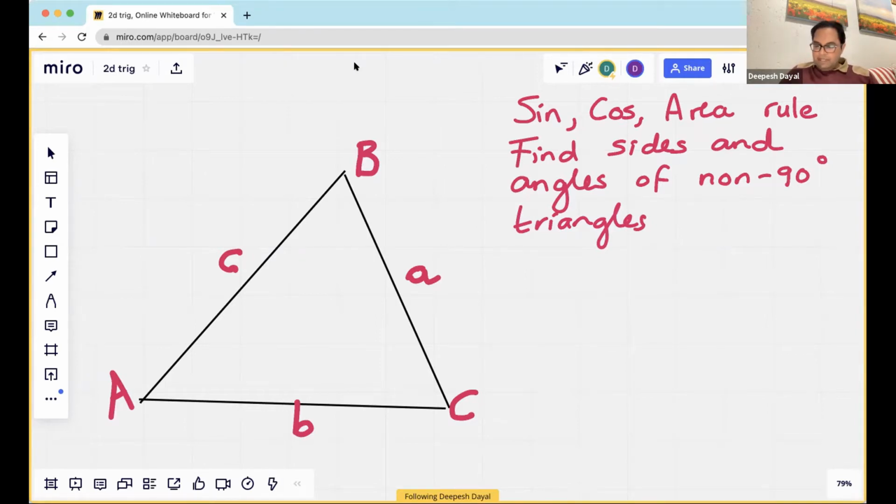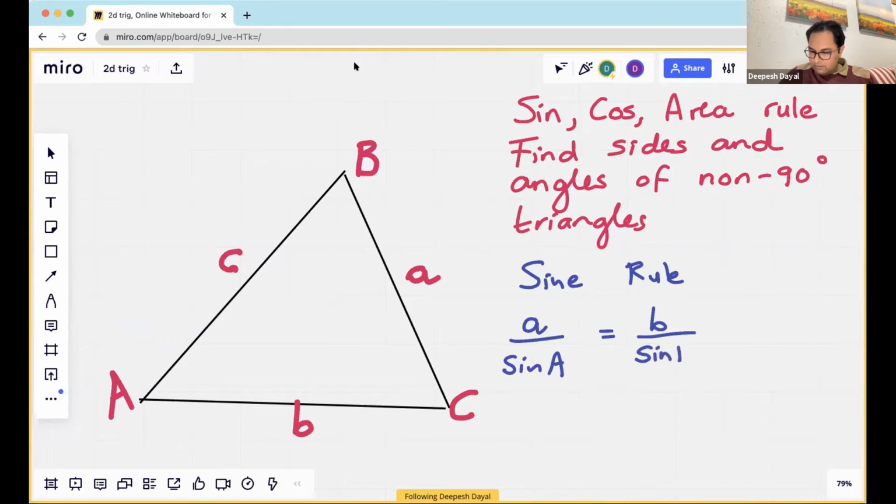Okay, so let's look at the first one, the sine rule. The formula for that is a over sine A equals b over sine B equals c over sine C. And these are angles.